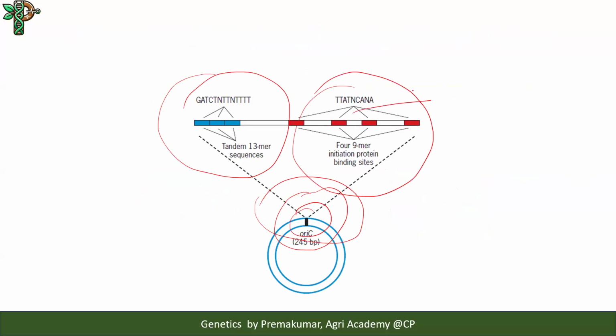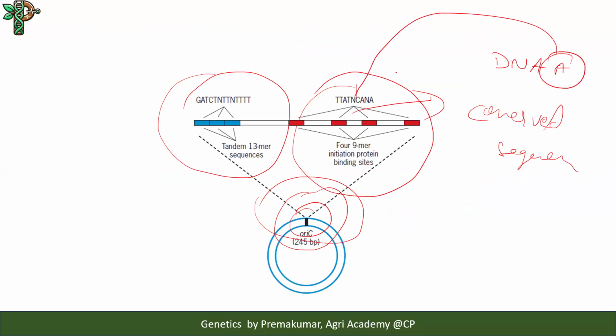These 9-mer sequences are conserved sequences where the DnaA protein will bind, and it starts unwinding your double-stranded DNA.